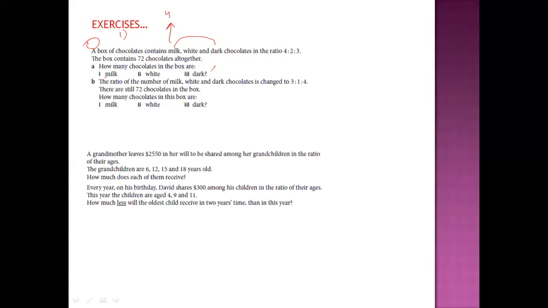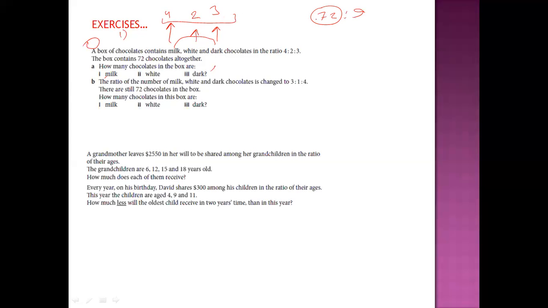The ratio of milk is 4, the ratio of white is 2, and dark is 3. The box contains 72 chocolates altogether. Okay, it's the original value. Let's add all the numbers. 4 plus 2 is 6 plus 3 is 9.